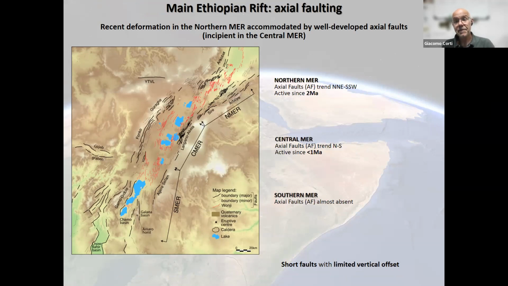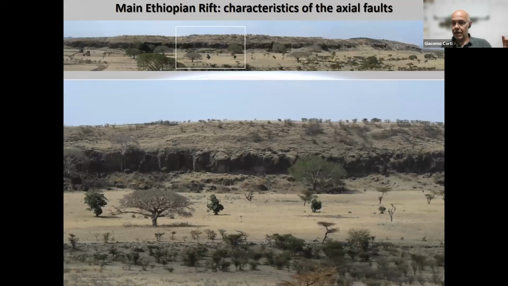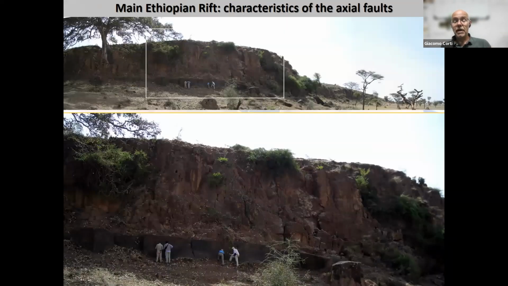So we have a different set of faults with respect to the large boundary faults, which cut and deform the rift floor in the northern part of the Main Ethiopian Rift. And if you go in the field, you clearly see that these axial faults are very different from the large boundary faults. They are normally shorter and they have a more limited vertical offset.